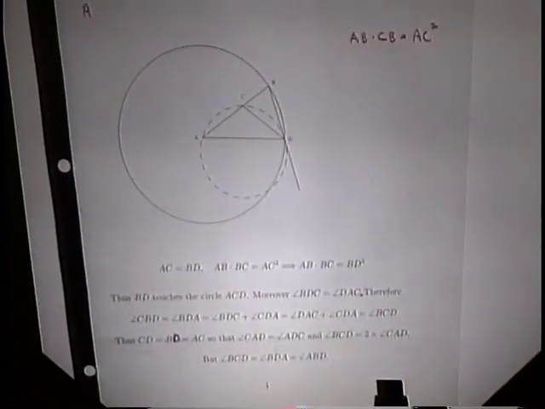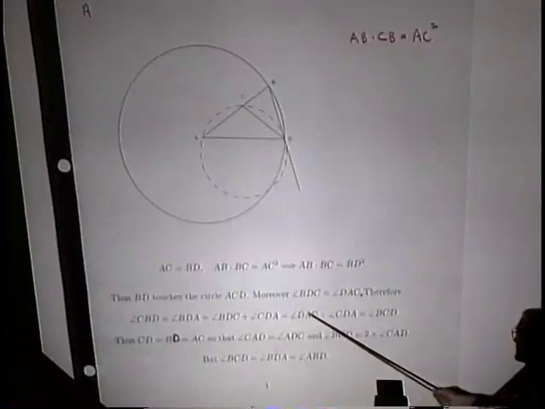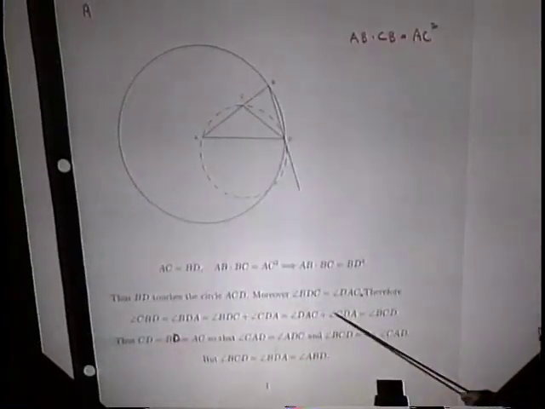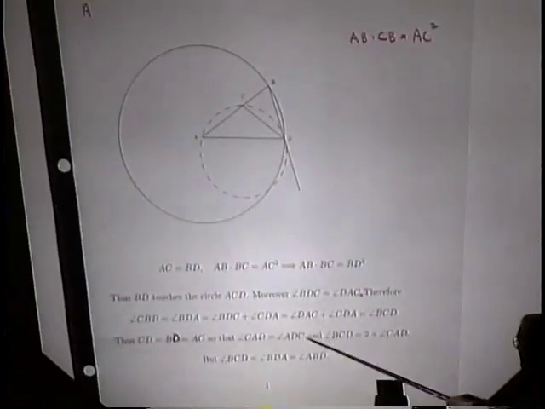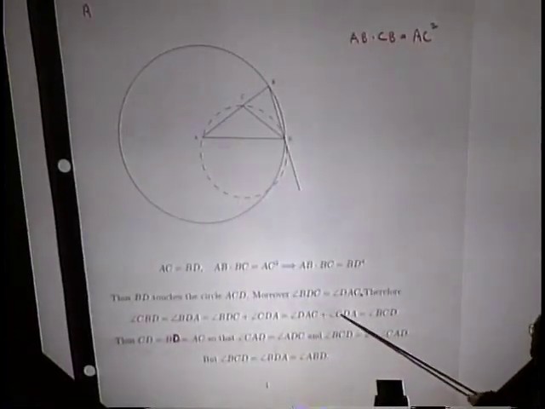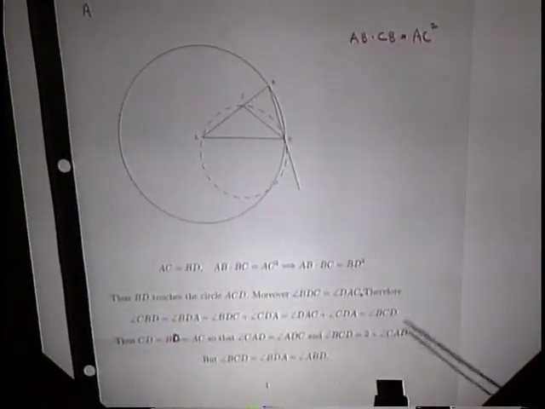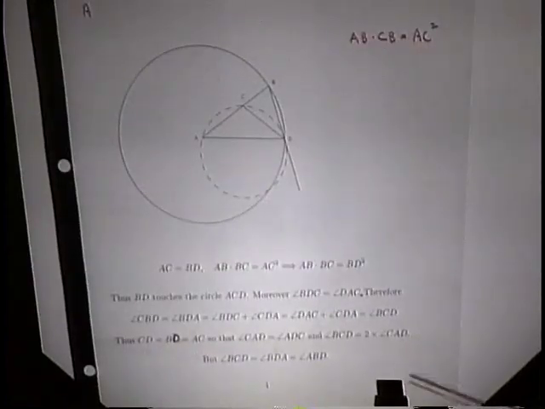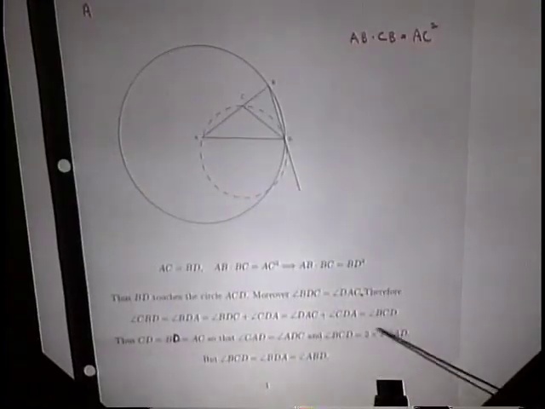But they're equal, and ADC, CDA, it's the same thing. So this is this, they're equal, their sum is BCD. That means that either one or the other is equal to 1/2 of BCD. So angle BCD is twice CAD or angle DAC. So we're getting there. We have a lot of angles.